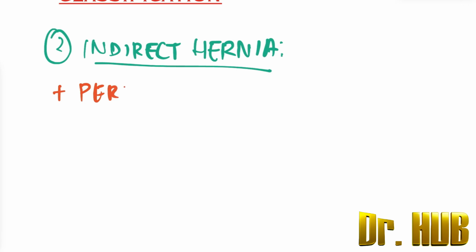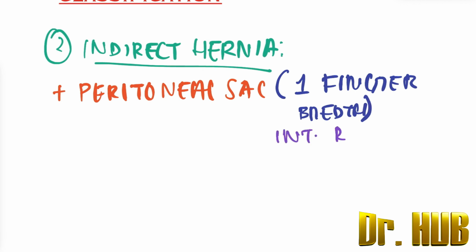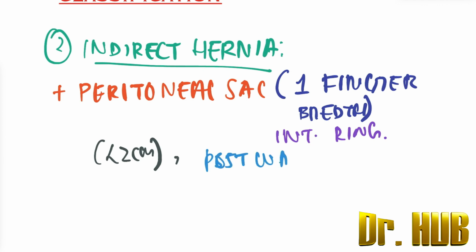The peritoneal sac comes through a one finger breadth internal ring, so this is less than 2 centimeters, and the posterior wall remains intact.